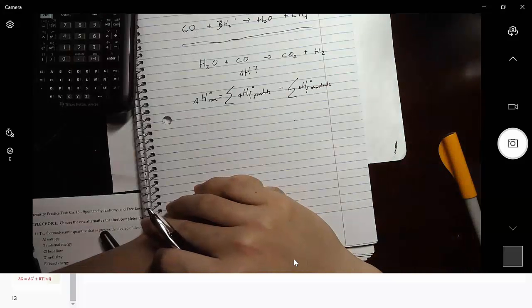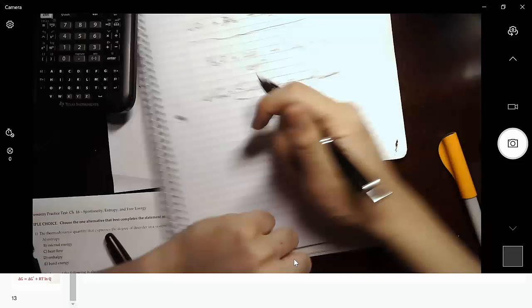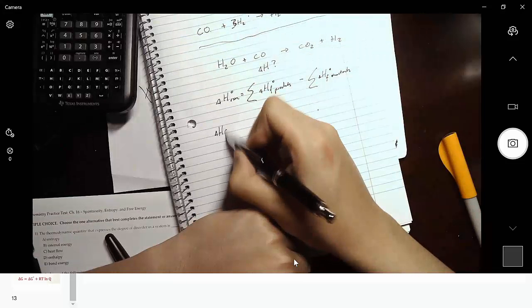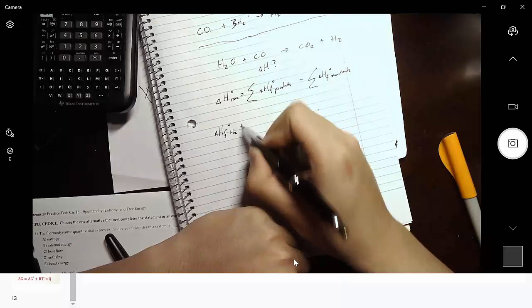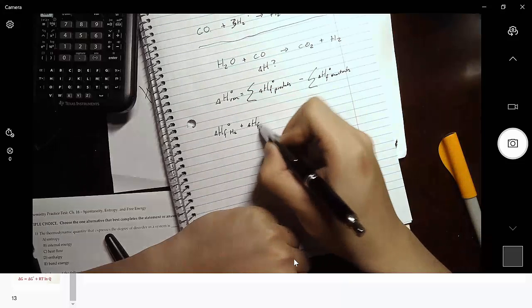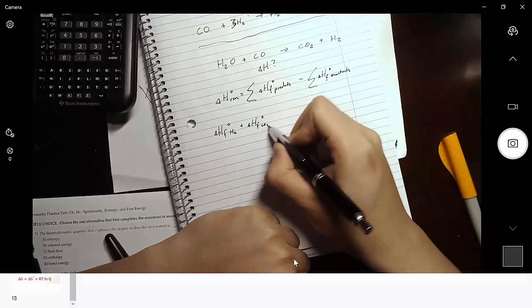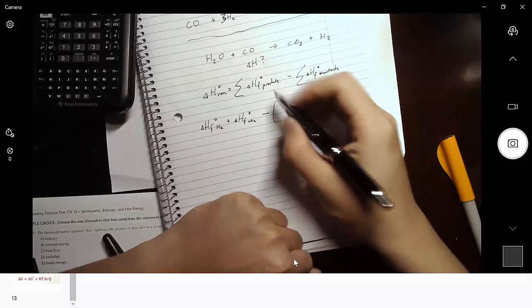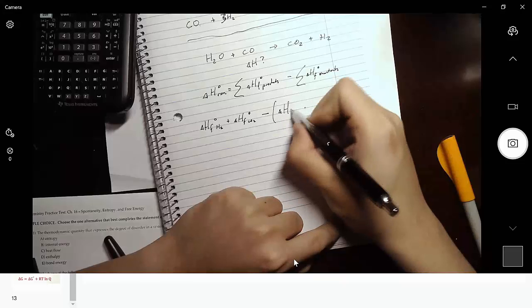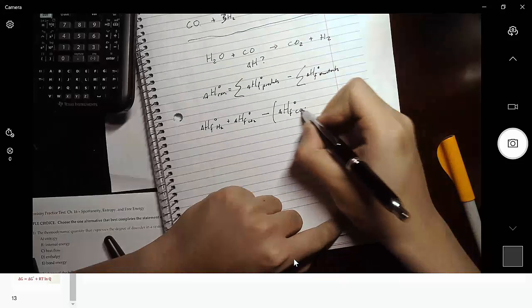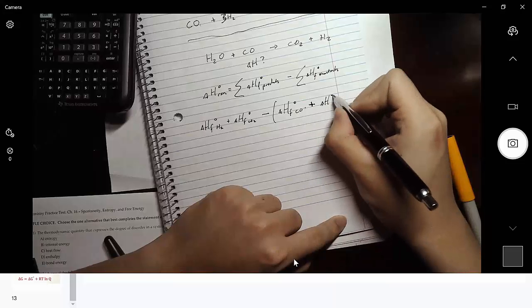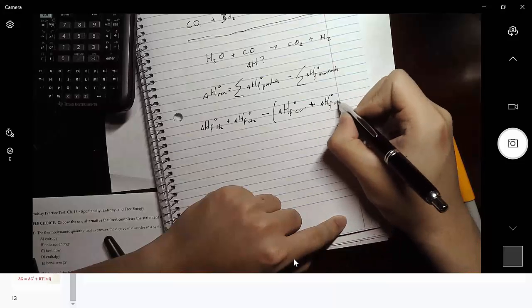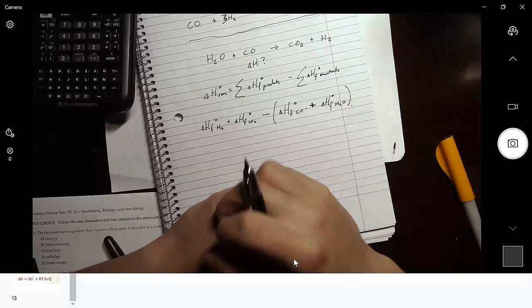So this should be the delta H formation of H2 plus delta H of formation of CO2 minus delta H formation plus of H2O, right?